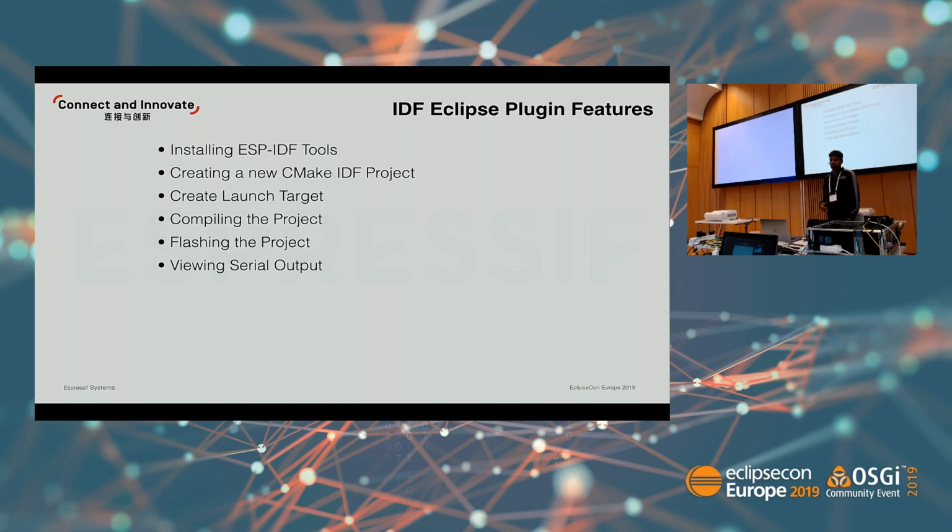And we have a provision to create your launch target, because since we are also coming up with the ESP32-S2 chip, we should have a provision to configure whether it is an ESP32 or S2 launch target. And we should be able to compile and flash the project to the board, and we have a provision to see the serial output as well.